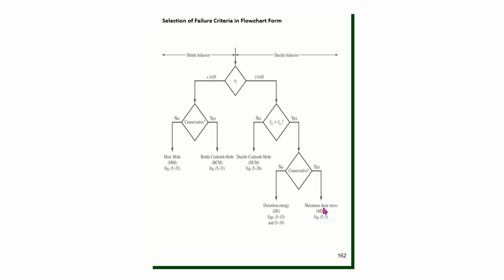You need to be able to describe how each of these three methods is derived and the theory behind it, and you need to be able to use these three different failure theories appropriately given initial stress conditions. So hopefully this gives you a good review.